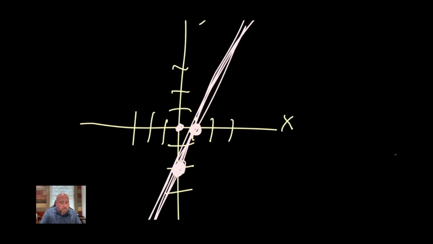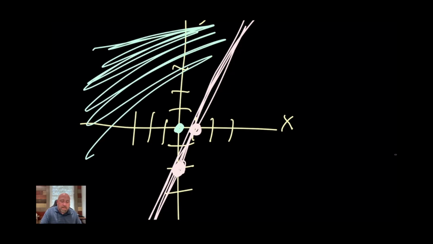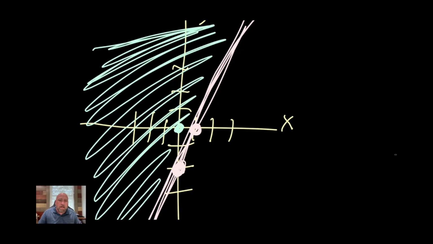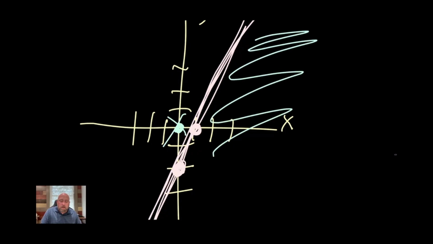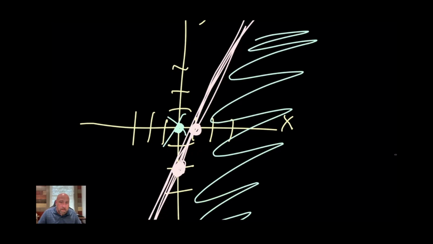Let me change the color one more time so that you can see that that's not an actual point on our graph. I'm making up this point, so I'm putting a point right here. Why do I want to do that? Here's why. If that point satisfies our equation, then we're going to shade this side of the line. If it does not work, then we're going to shade the other side of the line.